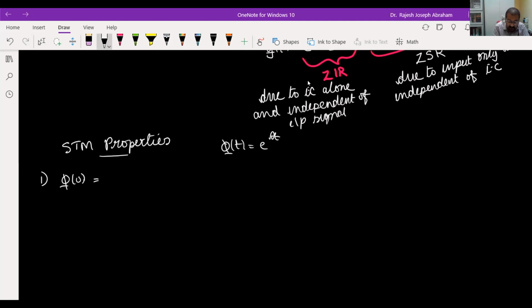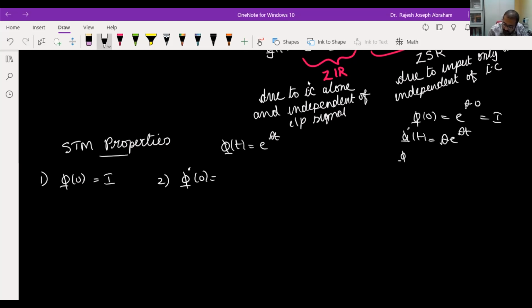It will be equal to the identity matrix, because phi of 0 means e raised to a into 0, which is nothing but I, the identity matrix. Second one, phi dot of 0. Phi of t is e raised to at, so phi dot of t will be A e raised to at. So phi dot of 0 will be A, the system matrix.